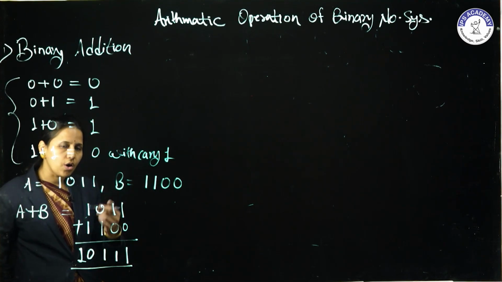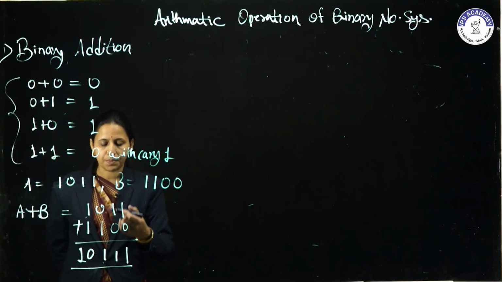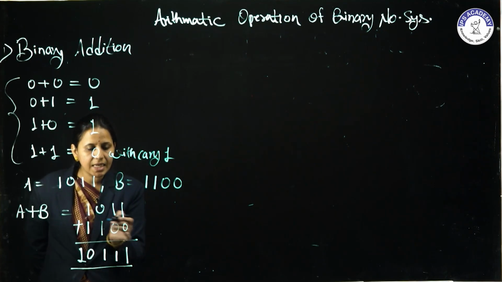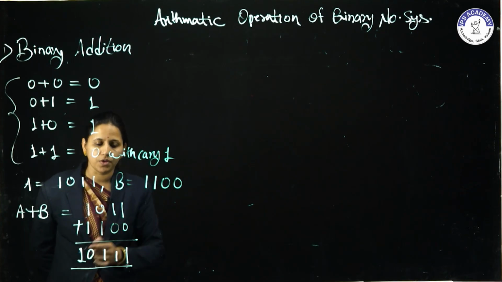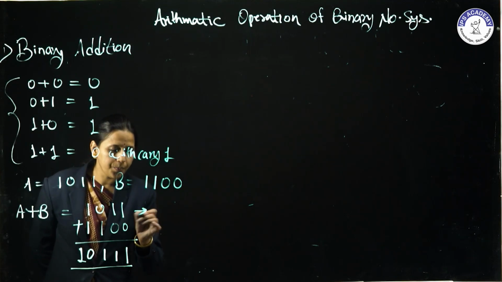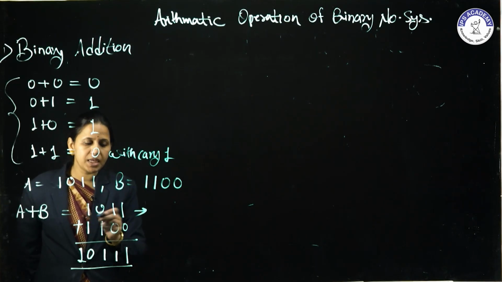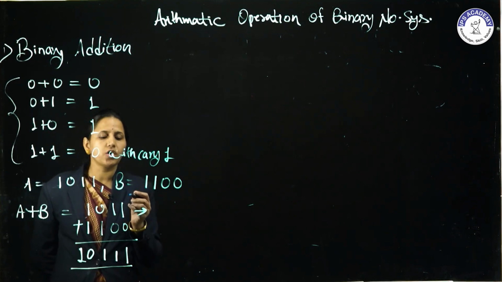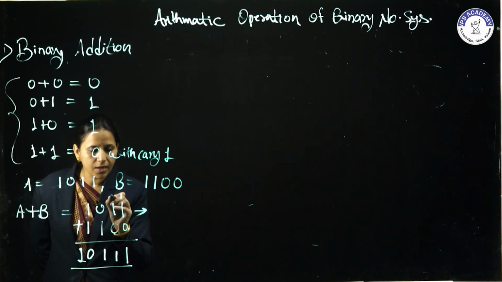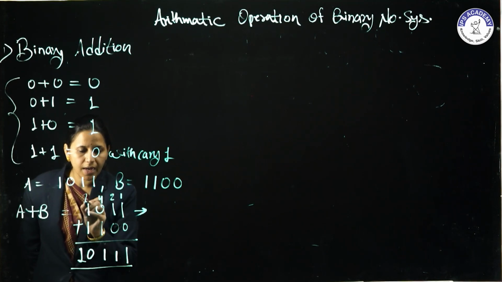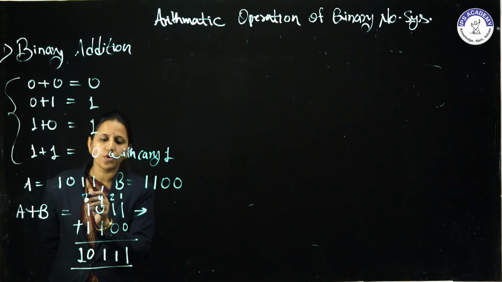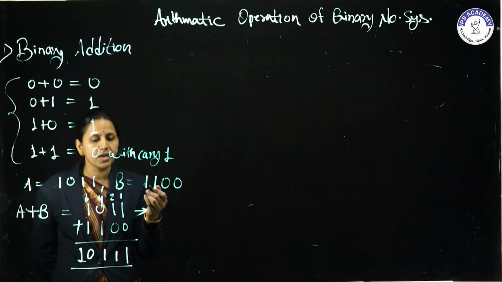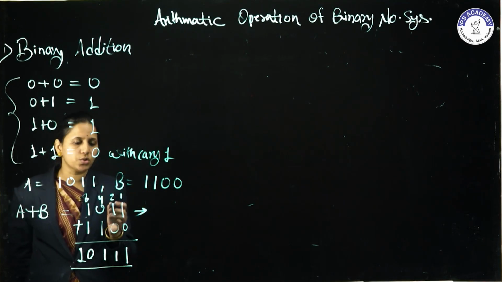We can also cross check the addition with the help of converting these binary numbers into the form of decimal. So, what will be the decimal of these binary numbers? 1011. We can use the concept of 1, 2, 4, 8, 16, which indicate 2 to the power 0, 2 to the power 1, 2 square, 2 cube and so on.